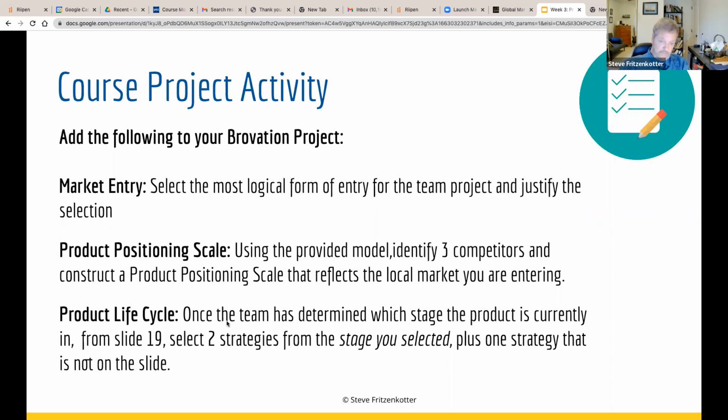Then the product life cycle, I'm going to ask you to prove you understand it. Like I said before, select what stage the product is in on slide 19. Select 2 strategies from the stage you selected, plus 1 of your own, one that's not on the slide.